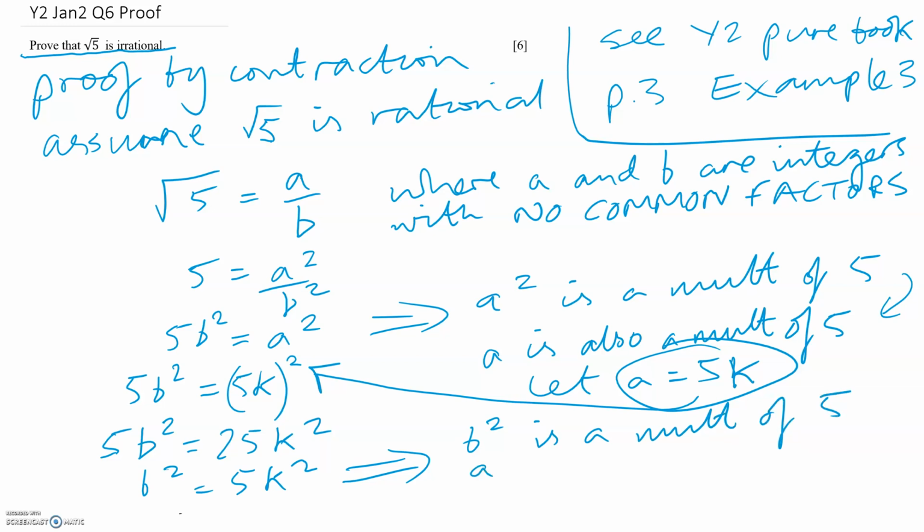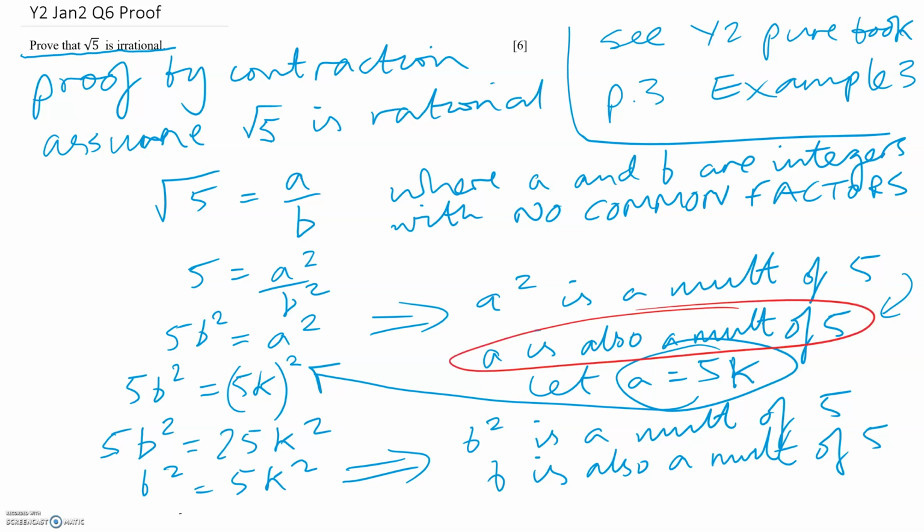Remember, that means that b is also a multiple of 5, and that is a contradiction, because if a is a multiple of 5 and b is also a multiple of 5, then that means a and b must have a common factor.